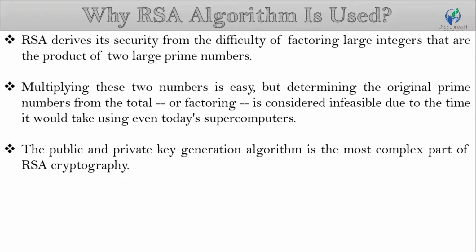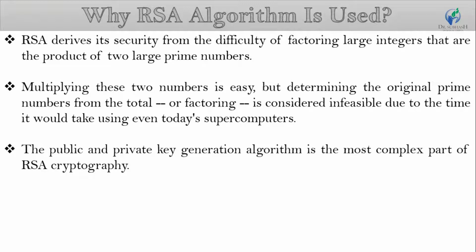Its length, usually expressed in bits, is called the key length. The private key consists of the modulus n and the private exponent d, which is calculated using the extended Euclid's algorithm to find the multiplicative inverse with respect to phi of n.